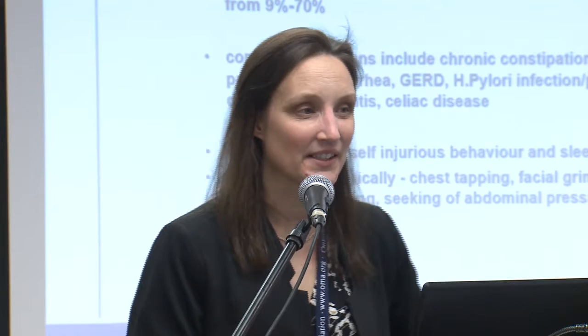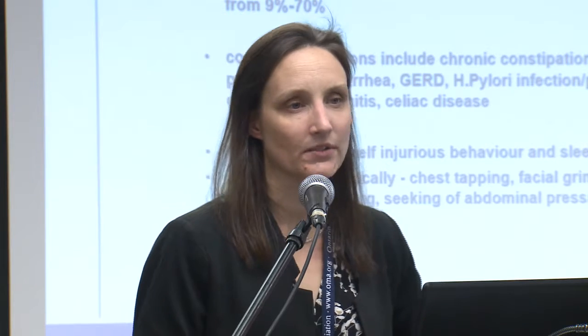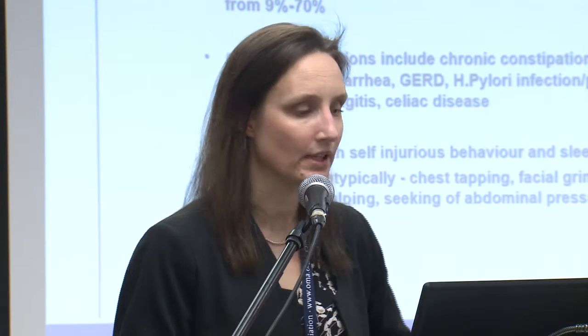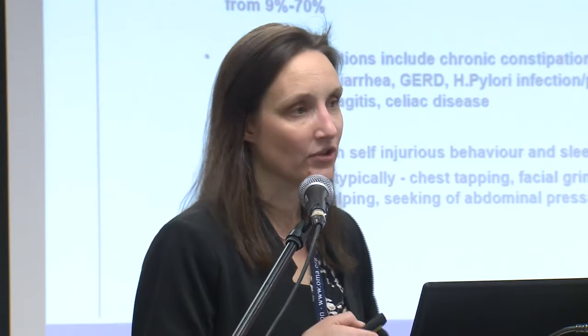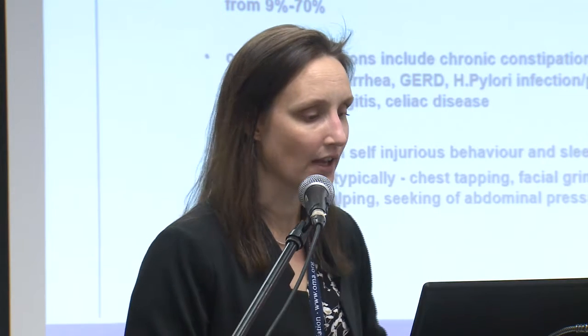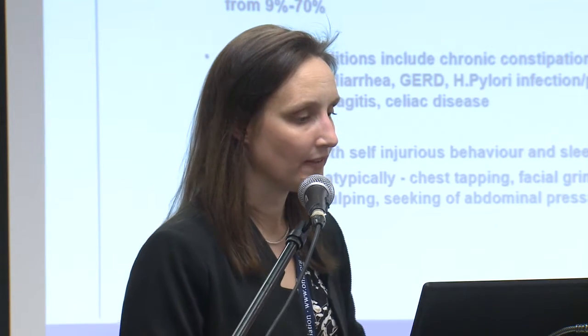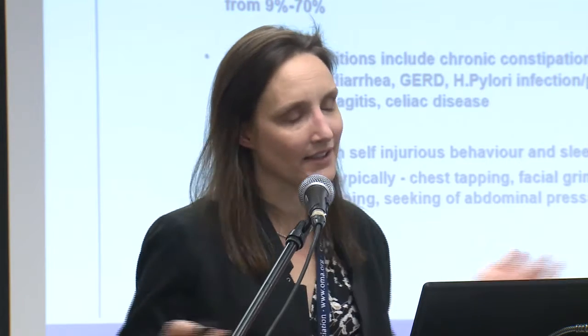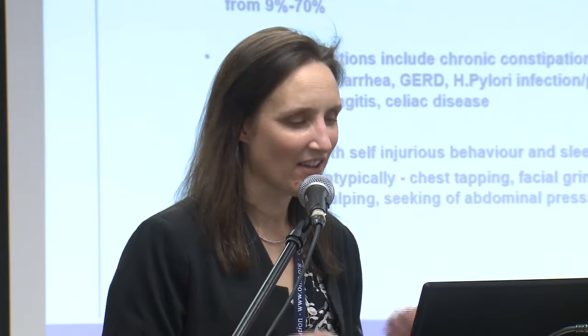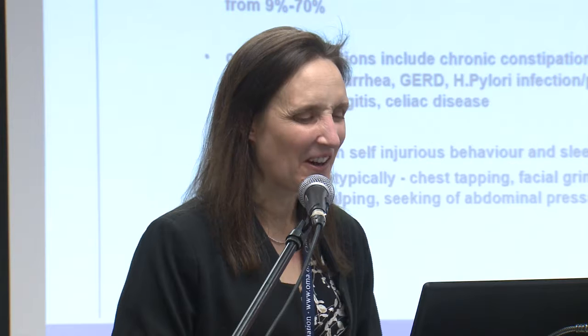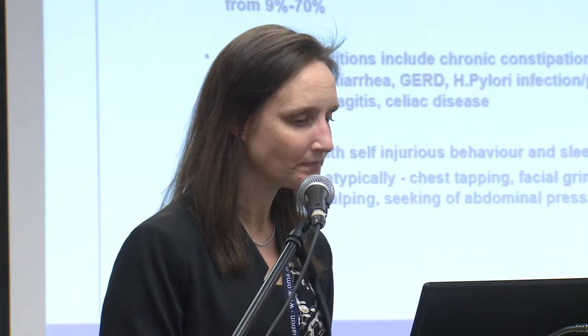Gastrointestinal disorders are a big area for us and well worth screening. The Autism Health Watch table recommends that we screen for both upper GI and lower GI issues, and we can certainly see rates in a 9 to 70% range, which is obviously a difficult one to get our heads around, but certainly this is much more common than in the general population.